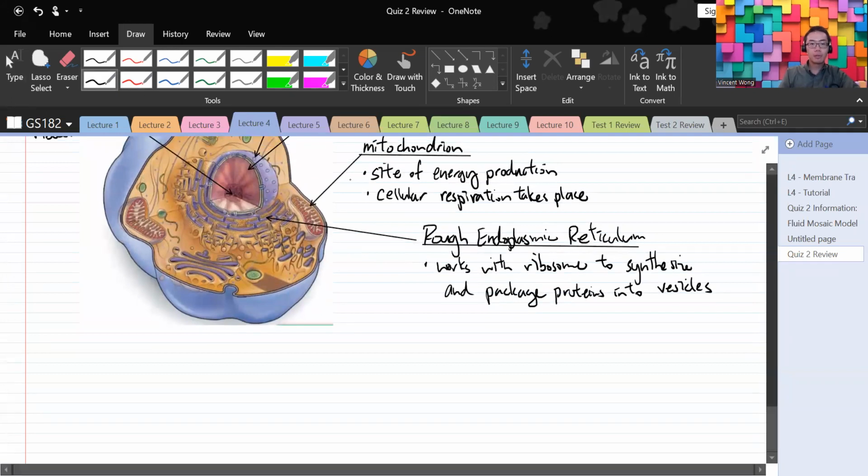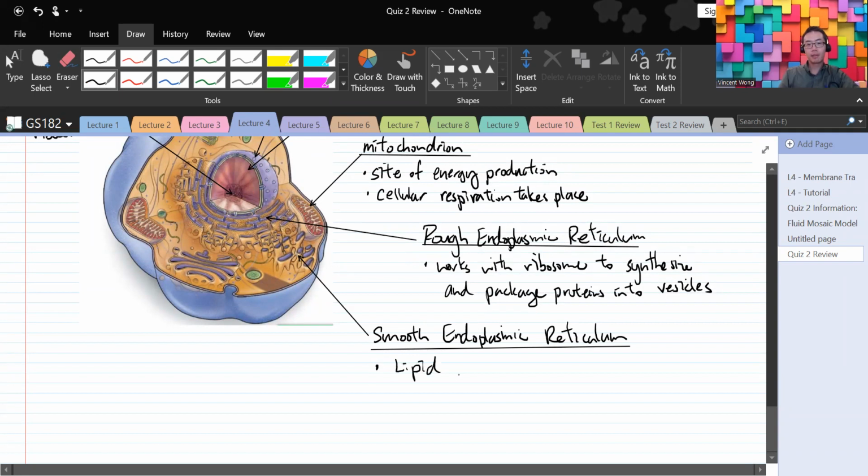Further out from the nucleus, we have the smooth endoplasmic reticulum. In terms of the function for the smooth ER, it is the site of lipid synthesis.